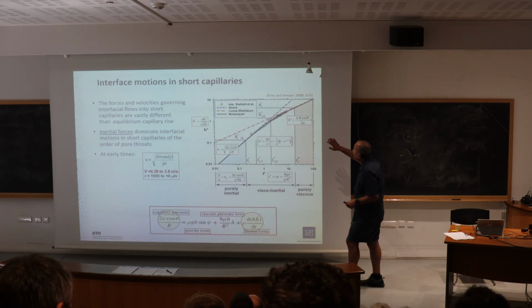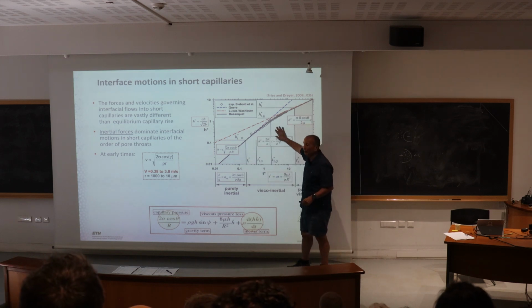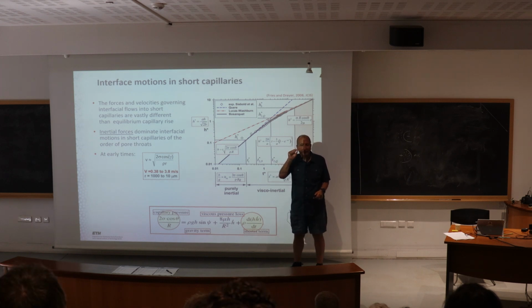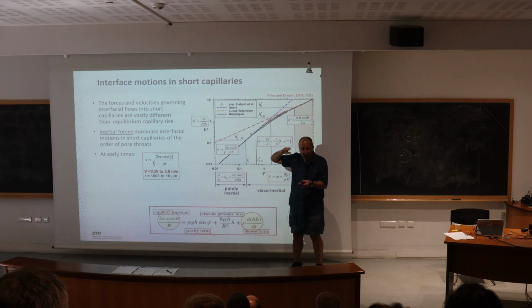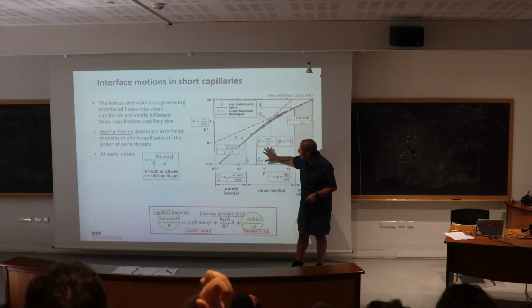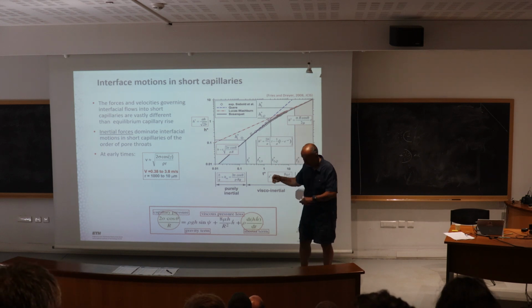In this paper by Fraser and Dreyer, they did a full analysis of what happens when you introduce the capillary to the liquid, what happens initially in the first few seconds, what happens later on, what happens when viscosity becomes an issue, and then when gravity stops the process. Okay? It's a very nice paper. I like it because it set the stage for what I'm going to do next.